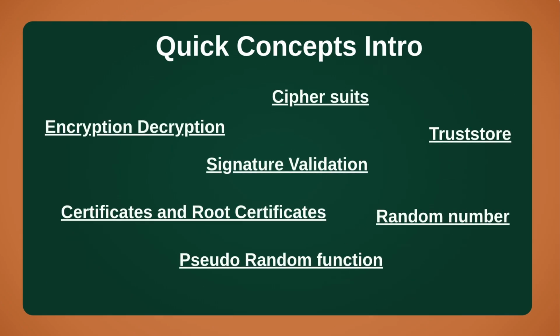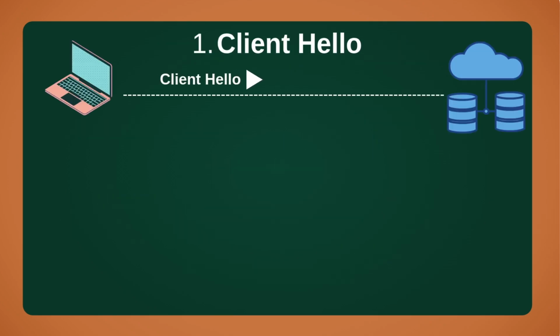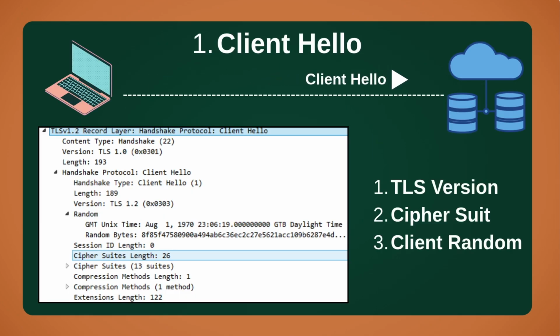Before we start the handshake process, please get yourself familiar with the general terms and concepts which you can see on the screen, which are very critical to understand TLS. Okay, so let's talk about the 7 crucial steps in the TLS handshake. 1. Client hello. The client initiates the handshake by sending a client hello message to the server.